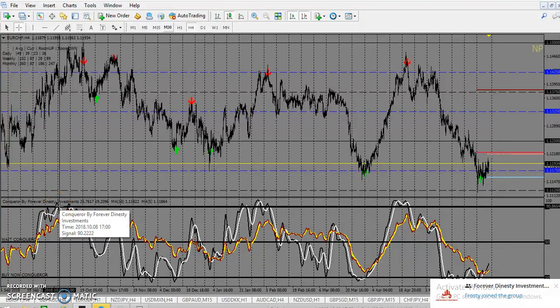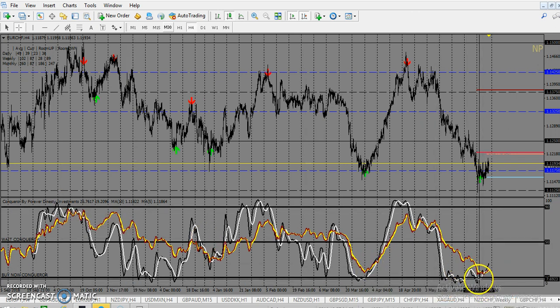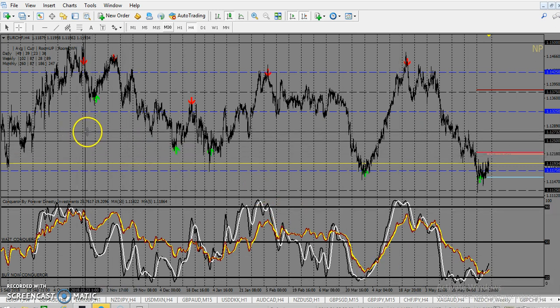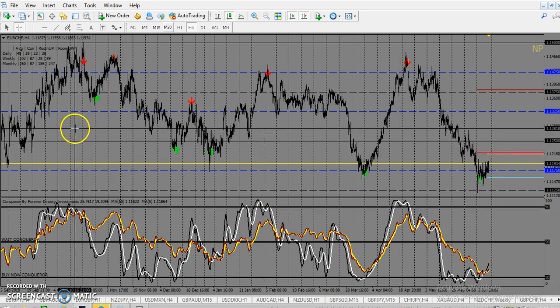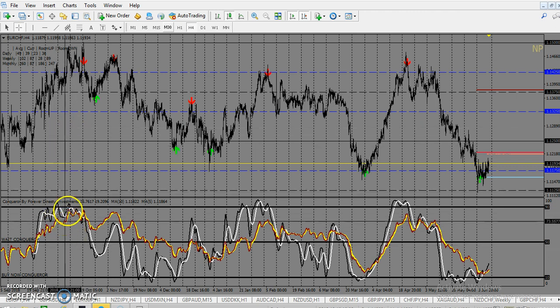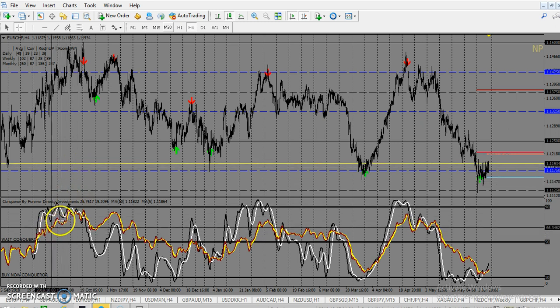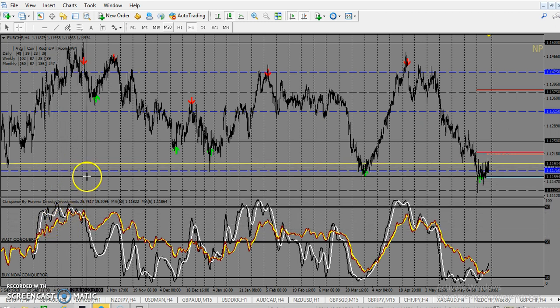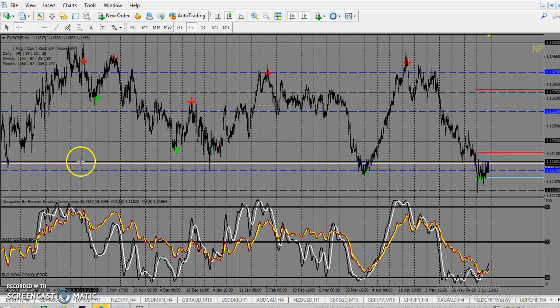Once it's at 90, it needs to go down to the 10 level, which indicates that this is a downtrend. So these would be your entry points. Using the Conqueror and your market baseline, this would be your market baseline, you are able to precisely pick your entry points.